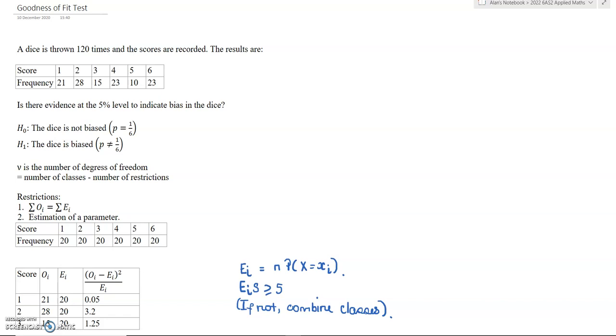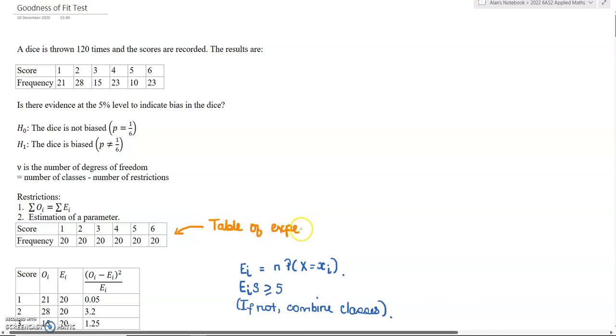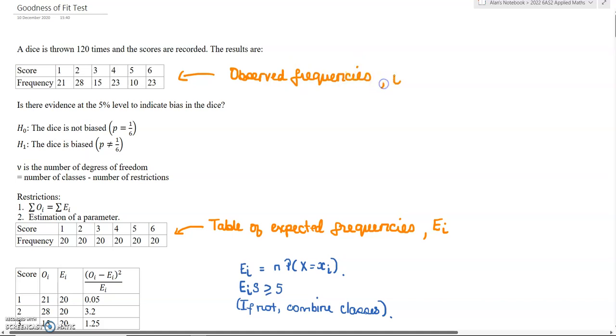So below here we have what we call a table of expected frequencies, or what we call the Ei's. And the data that is given to us is our observed frequencies, and that is our Oi.